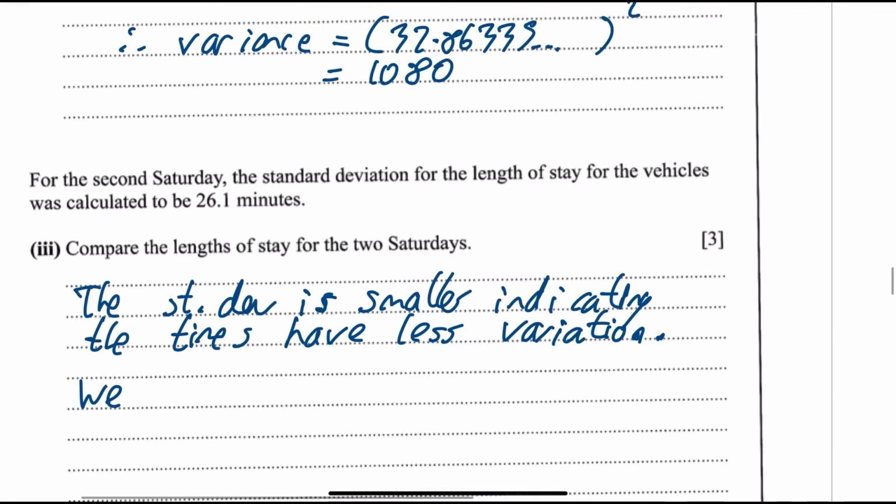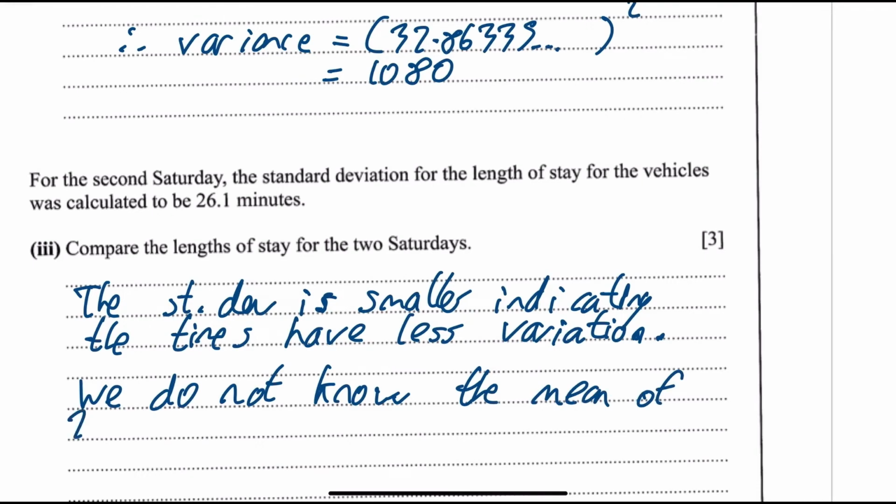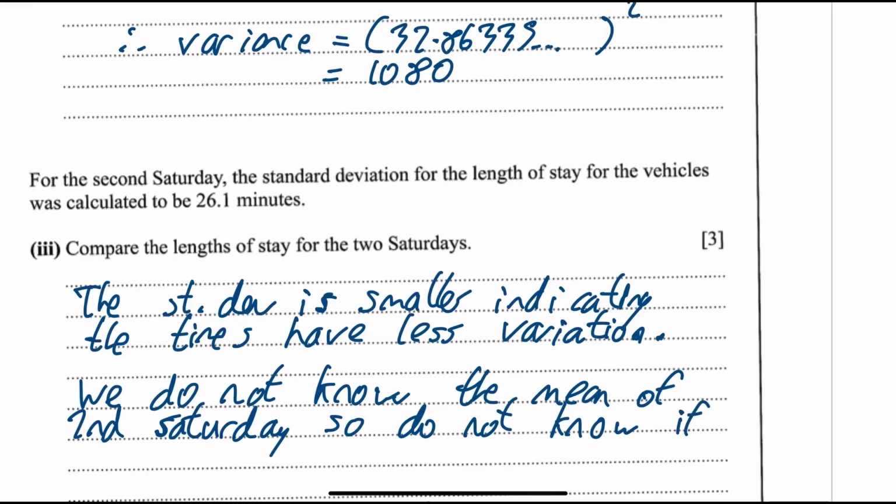Okay, that's all we can say really, but for 3 marks I'm thinking that maybe they want something else, and just say we do not know the mean of the second Saturday. So we do not know then if people have spent more or less time, so stayed for longer or shorter.